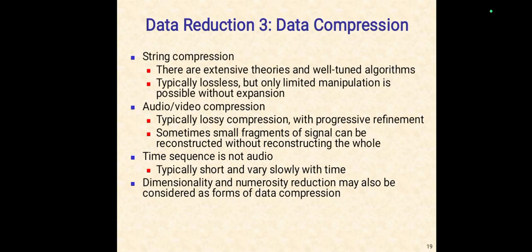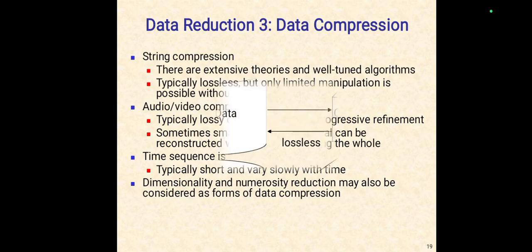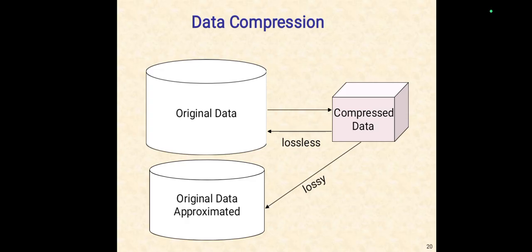Next, data compression: without changing the quality of my data, also reducing the size of the data. That is the aim of data compression, right? You have the original data, then the original data approximated. Compressed data will be lossless, and sometimes if it is lossy, then your original data is approximated.